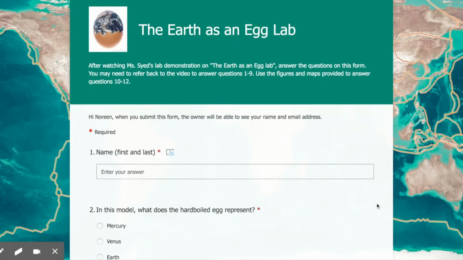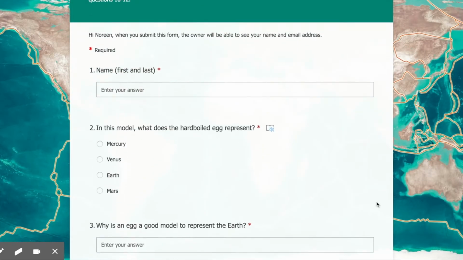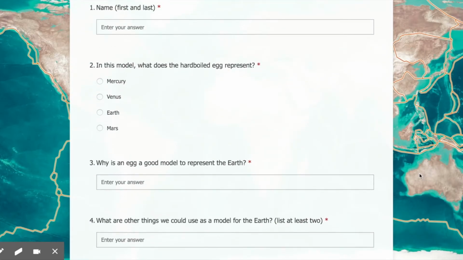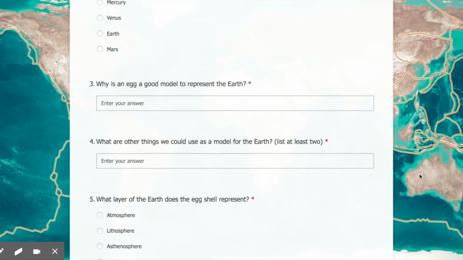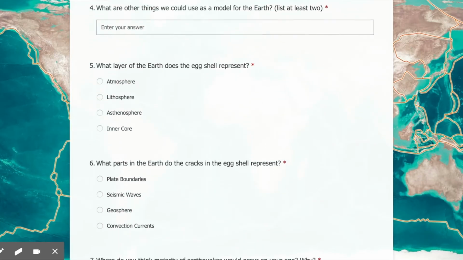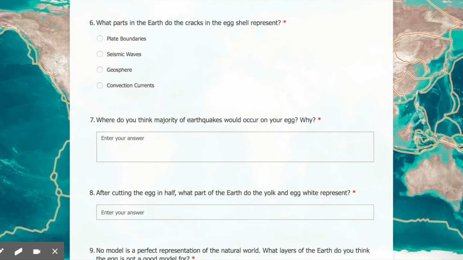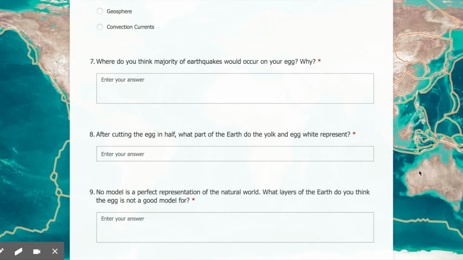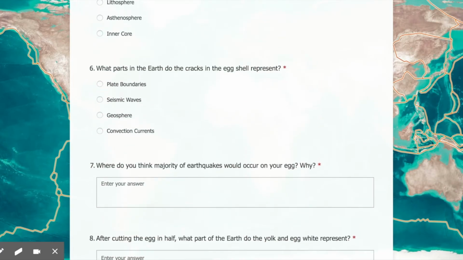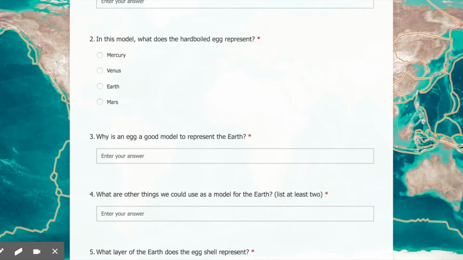So please go through this form, give your name, first and last name, and answer questions 2, 3, 4, 5, 6, 7, 8, and 9. All of these I explained to you earlier when I was working with the lab in my demonstration. You'll see everything I did with the egg should be able to help you answer questions 1 through 9.